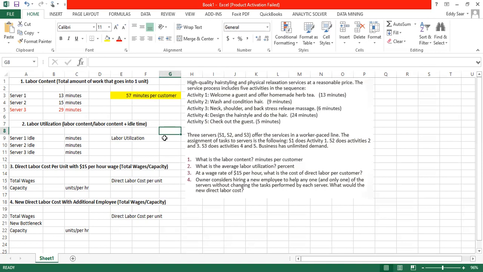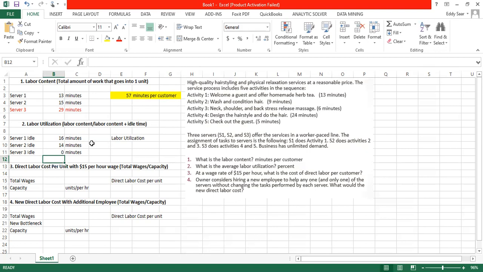For server 1's idle time, since 29 is the bottleneck, you would do 29 minus the 13 minutes that they take per unit. You would do the same thing with server number 2. And for server number 3, since it's the bottleneck, it's going to be 0, 29 minus 29.